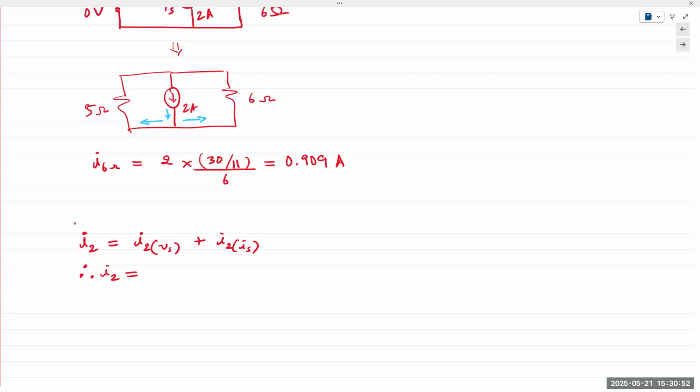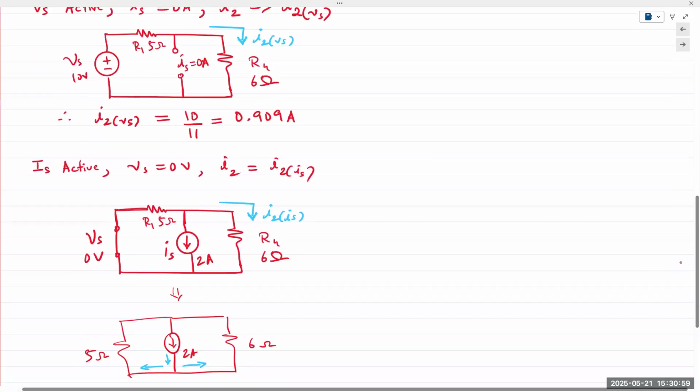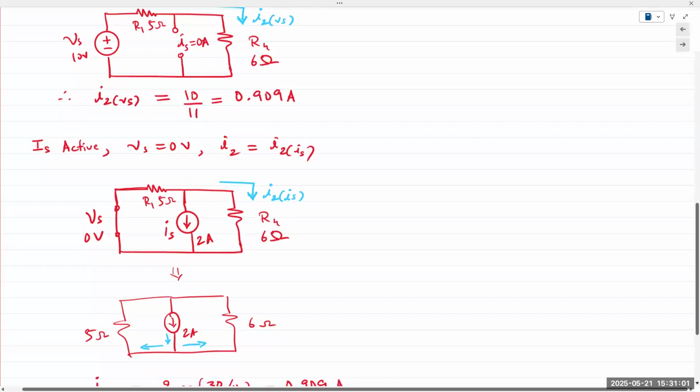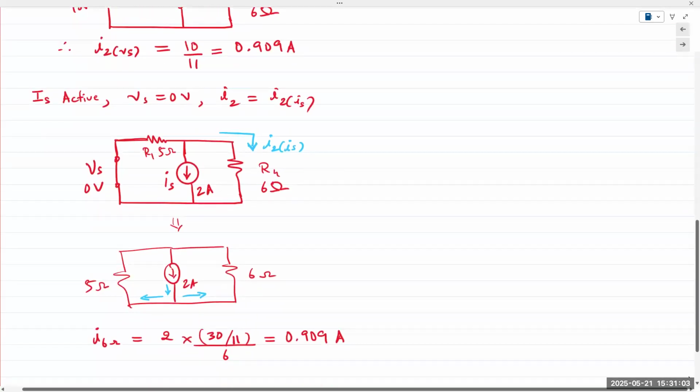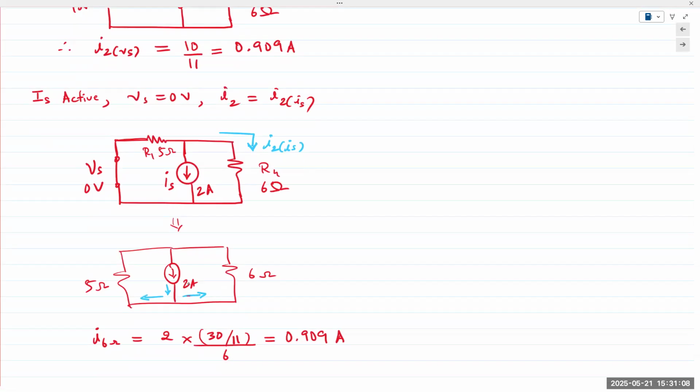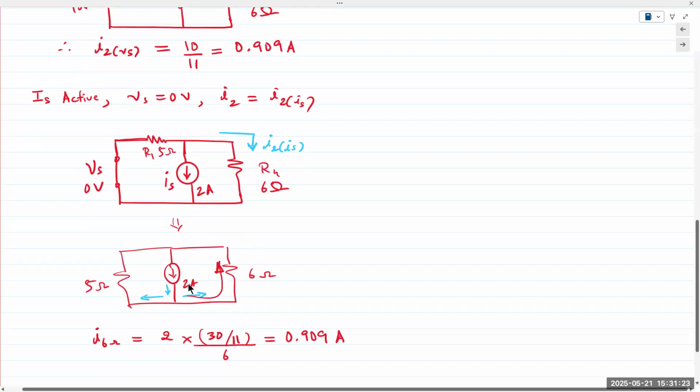That would be correct if the current source was pointing in the upwards direction. But if you look at the current source, it's pointing down. If it's pointing down, the current coming from the source is actually going up in this direction. I2 is given to us as coming in this direction. And so I2 due to IS is the opposite due to the current source pointing down.